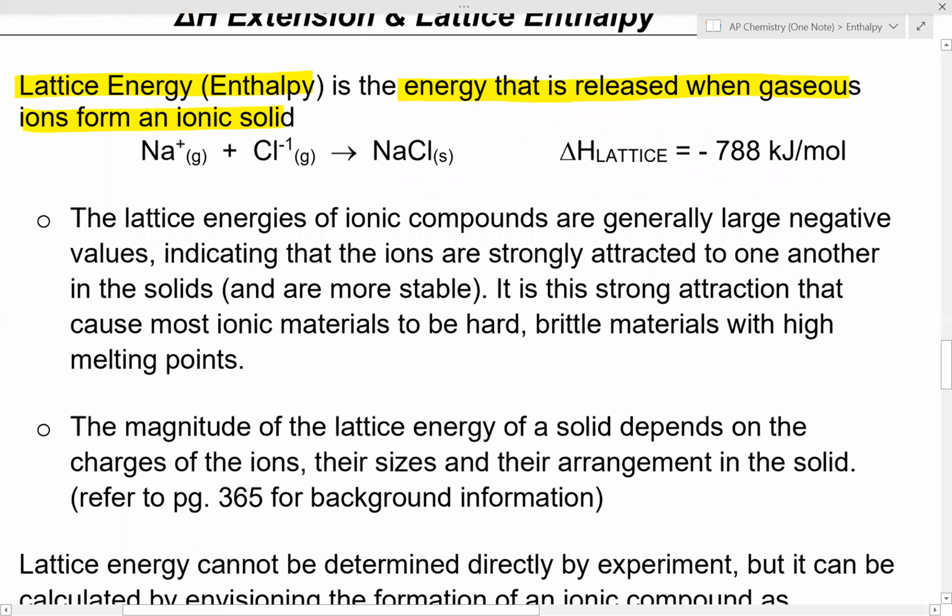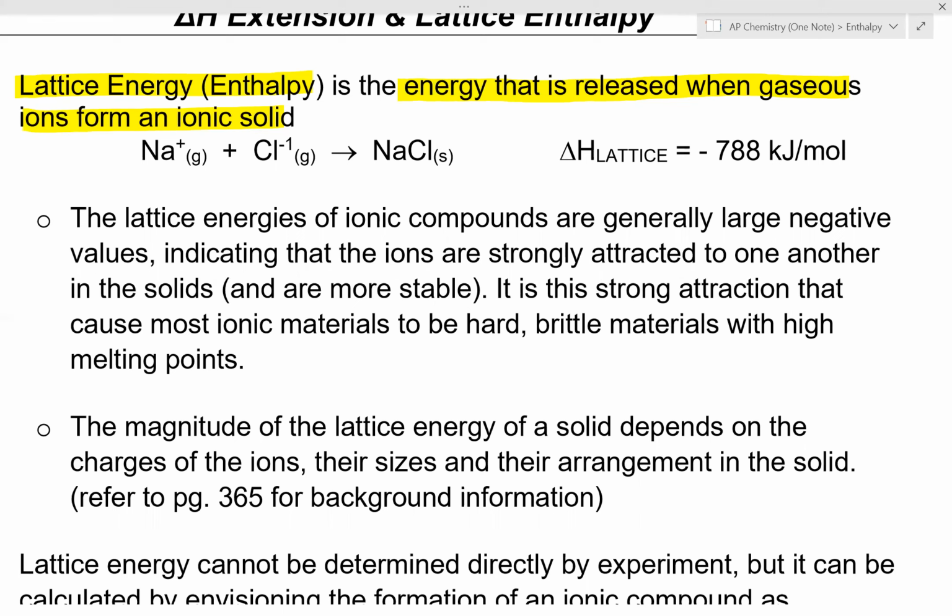Now, a couple of things about this lattice energy. The lattice energies of ionic compounds are generally large negative values, indicating that the ions are strongly attracted to one another in the solids and are more stable. It is this strong attraction that causes most ionic materials to be hard, brittle materials with high melting points.